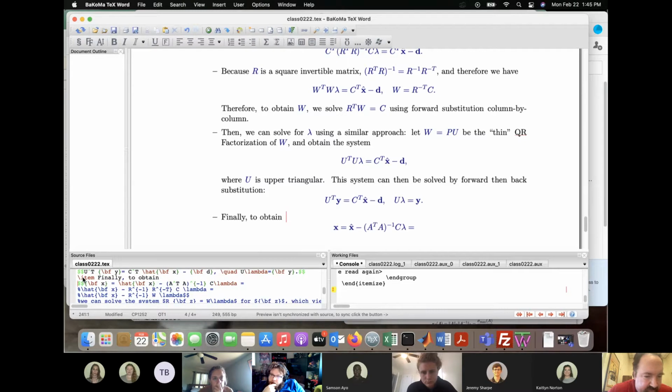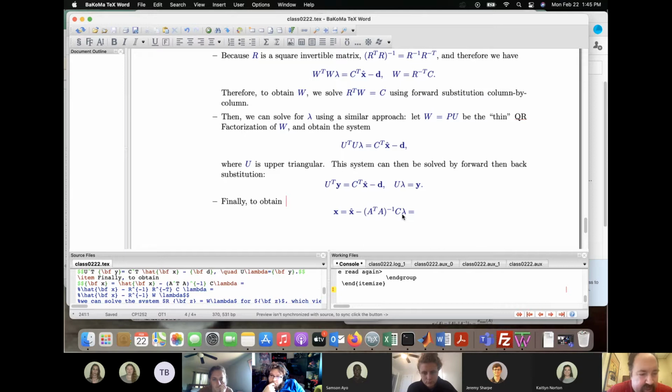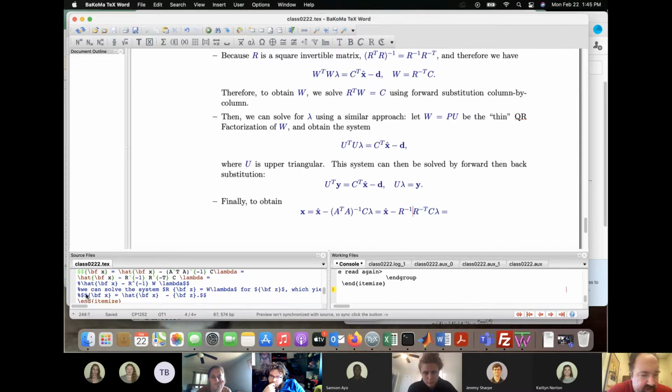Almost there. So now here's my solution formula. And I can plug lambda in, but notice if I replace A transpose A again, I have this. And R inverse transpose C, this part right here, I already have it. It's W. So I can fill that in.